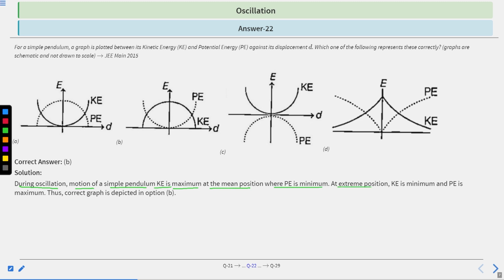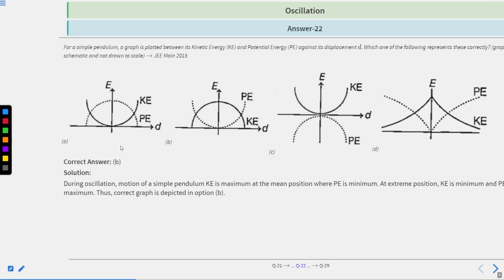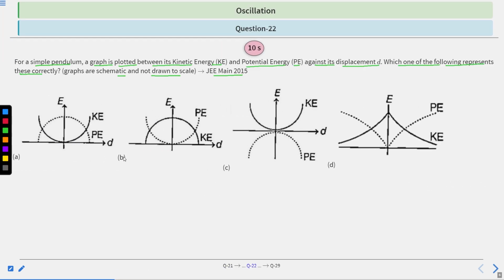At the extreme position, kinetic energy is minimum and potential energy is maximum. So, according to this statement, the B option is correct.